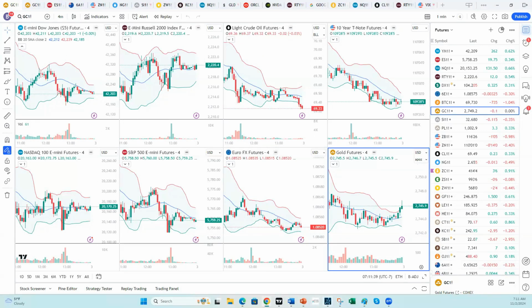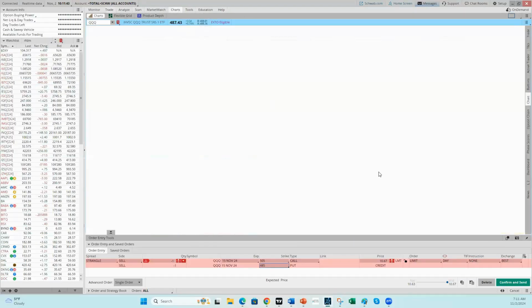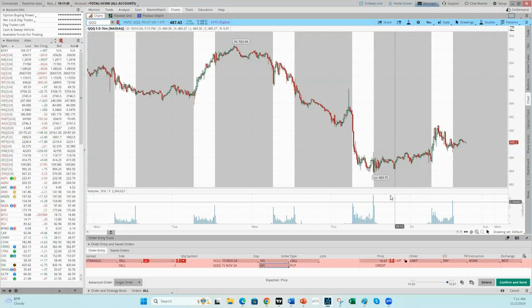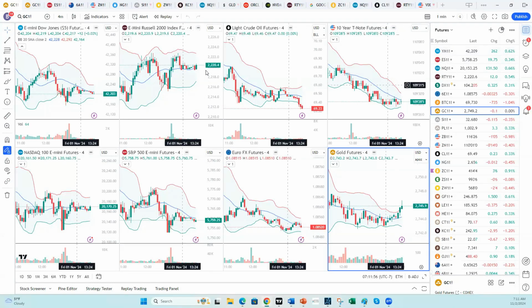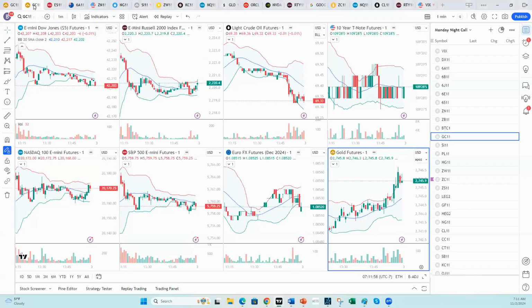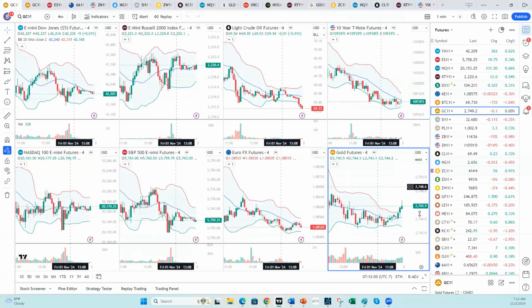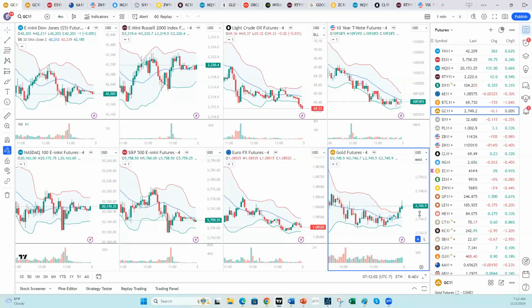Set up your charts either at the 4-minute chart, and then you want to be able to flip over to the 1-minute chart. I use a 4 and a 1, and the reason that I use TradingView is because I can put up 8 charts together very clearly, where that's harder to do on many platforms.